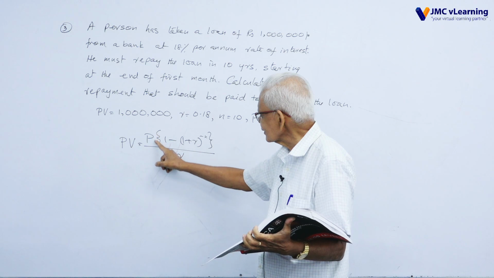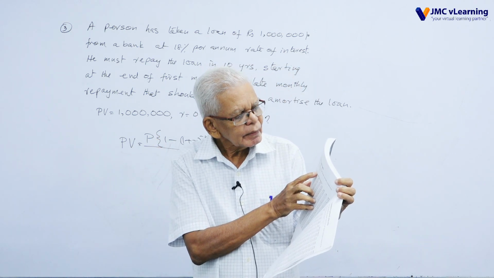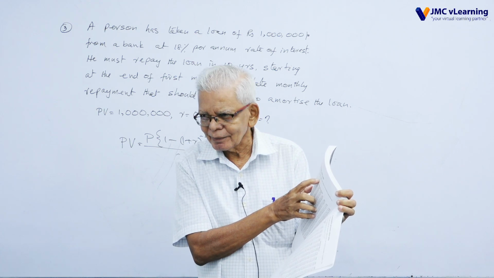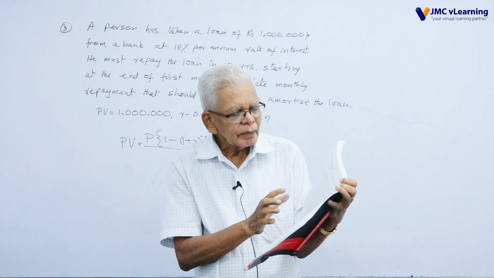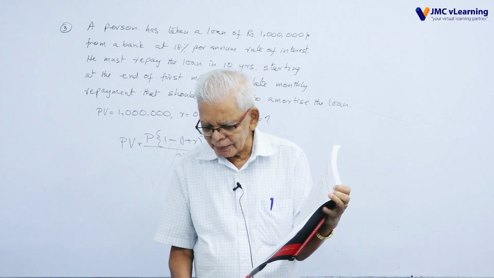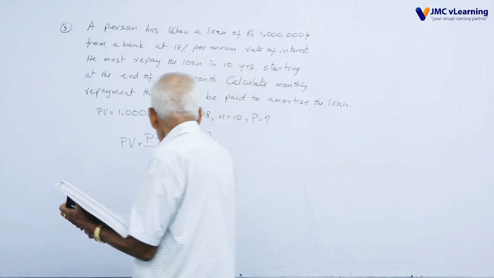This part is given in the cumulative present value table. So if they give this table, there is no need to calculate this, and we can get the answer very easily. I'll tell you how to do that.